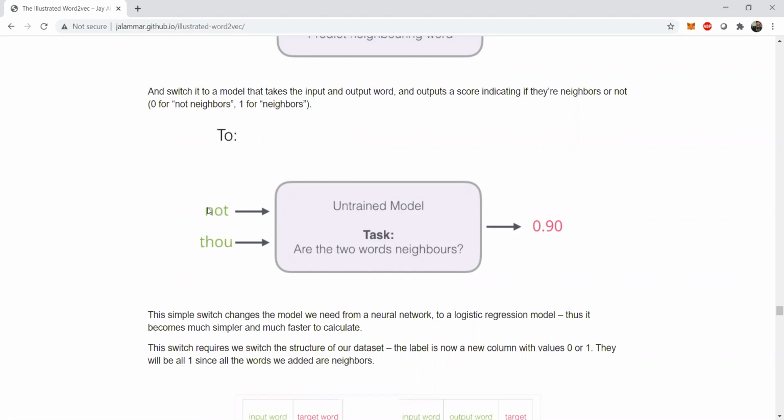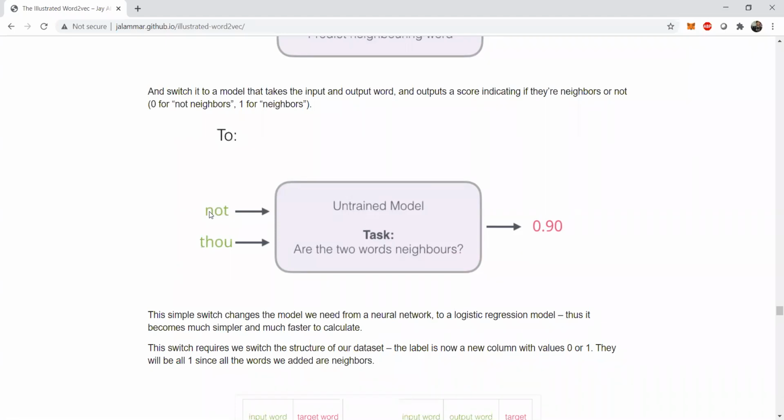So let's say I'm taking the input vector as "not", as in the previous case, and I take the output vector as "thou". Now I pass it through the model, and I want to see whether after "not", "thou" comes or not. This is a very confusing example, so let me give you a different one.